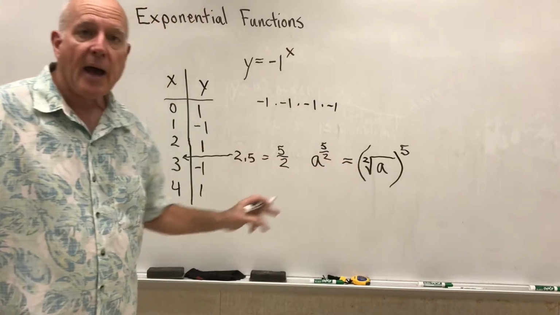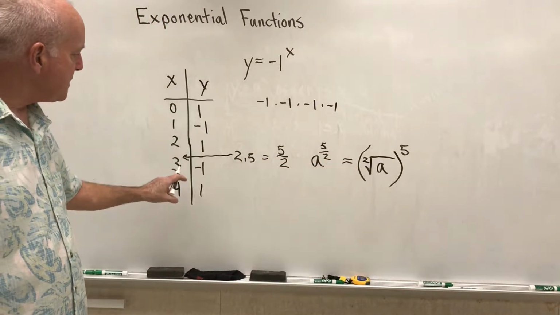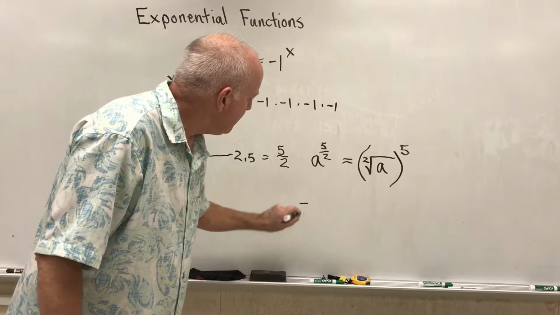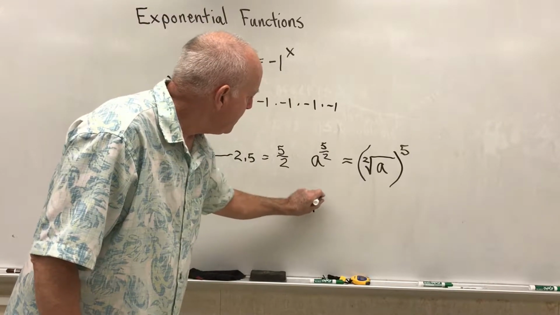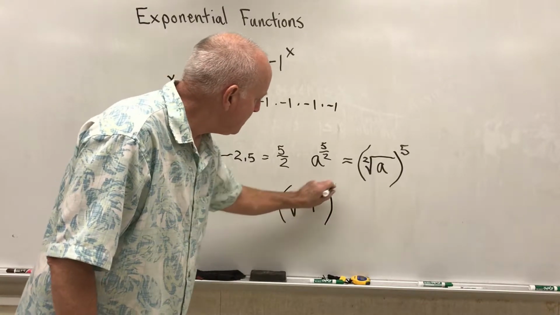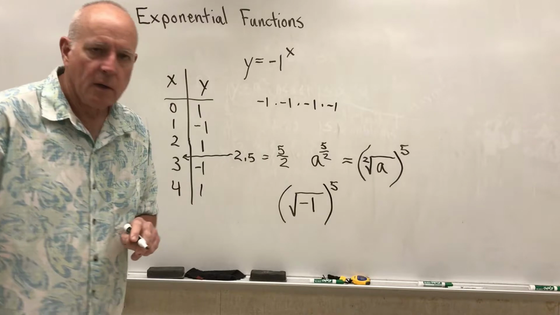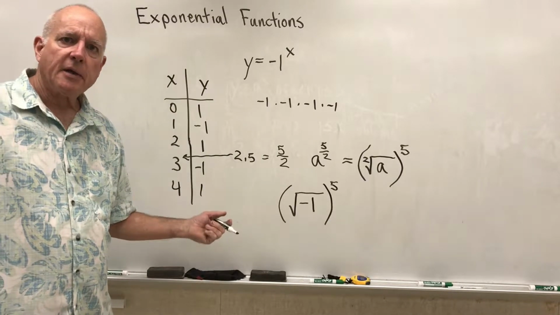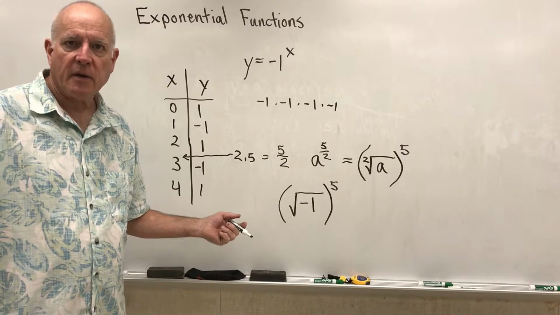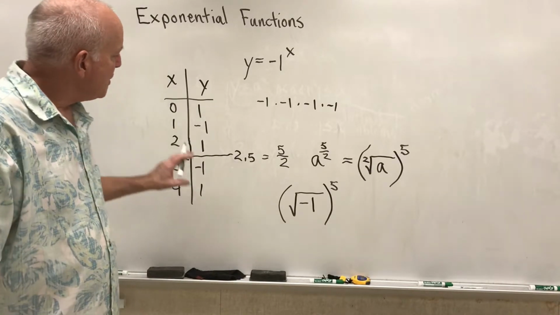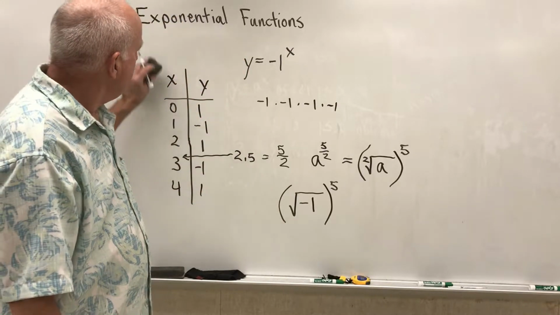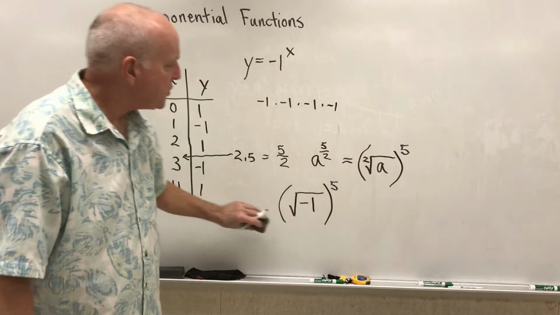So let's look at what this means. I've got a negative number: negative 1, the square root, raised to the 5th power. Can we take the square root of a negative number? No, that's not a real number. It doesn't make any sense. So what this tells me is that we can't plot this function.